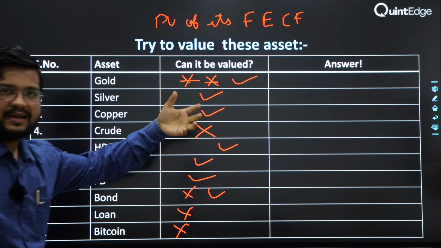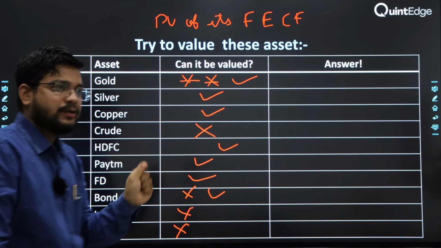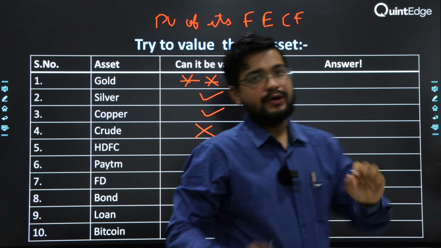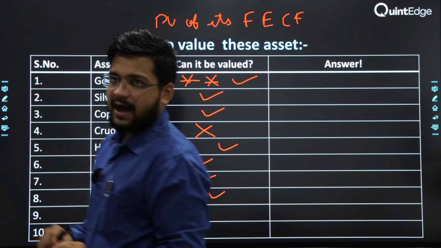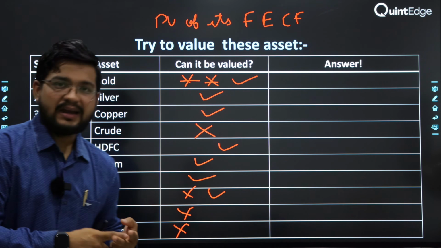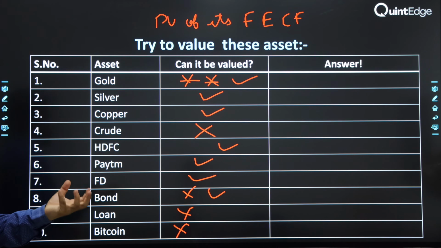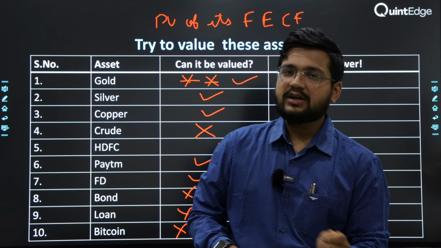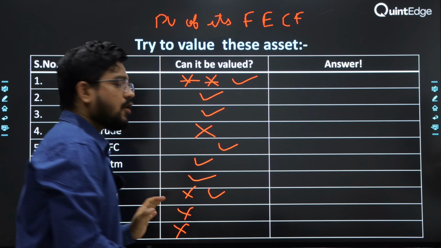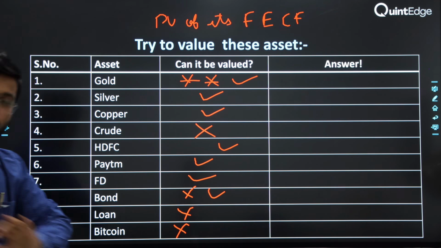Only when an asset is expected to generate cash flows can it be valued using the modern finance techniques we have, DCF or maybe relative valuation. An asset is valuable only if it is expected to generate future cash flows. This is how we can value any asset. There is no other way.